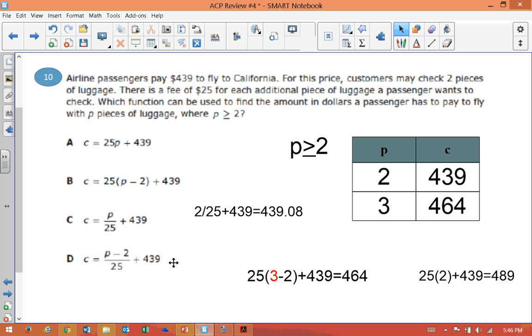Now this is D. I'm disproving D because I need a fraction here. If P is 2, then we're going to get 2 minus 2, which is 0, over 25, which is also 0.